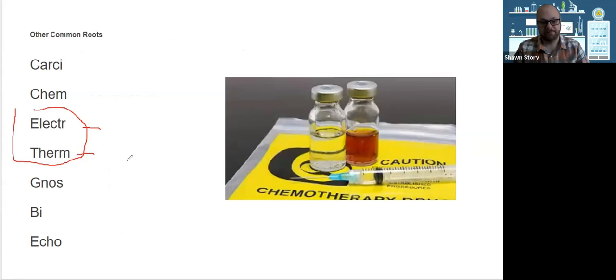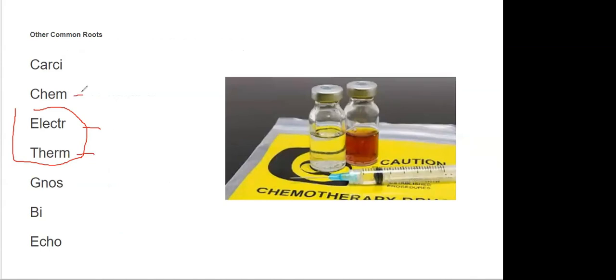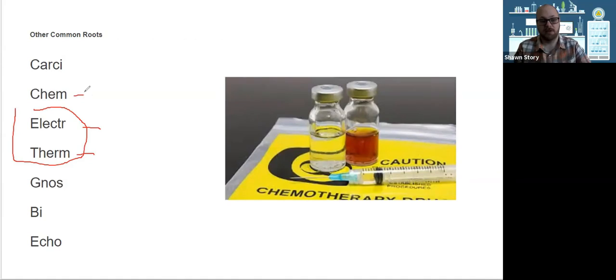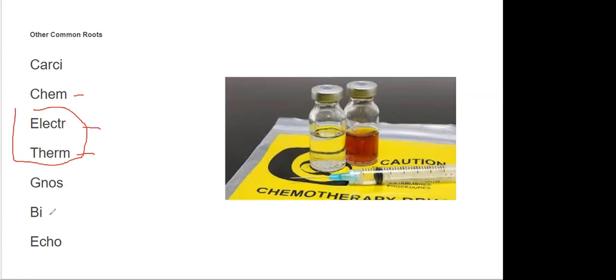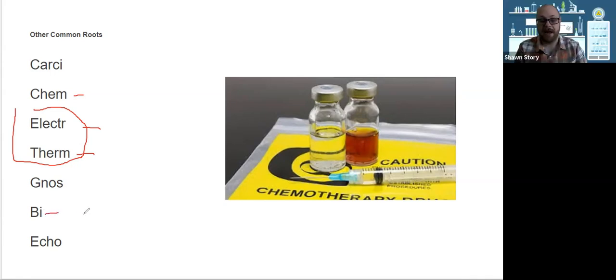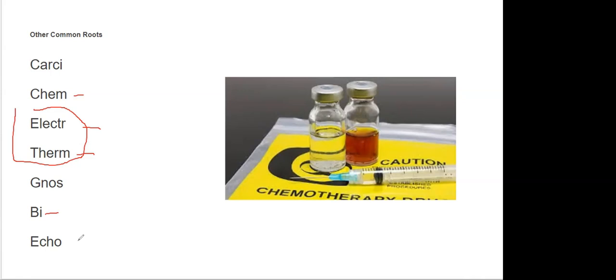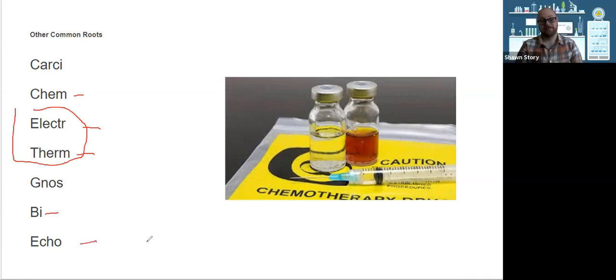Thermo is heat. Very good. Do we know any of the other ones? Chem is drugs, or medicines. Anything dealing with drugs. Bio is life, like a biopsy. Echo is sound. Yes, sound.